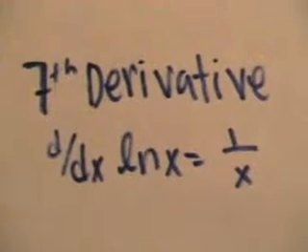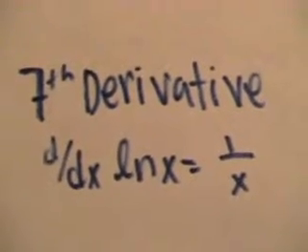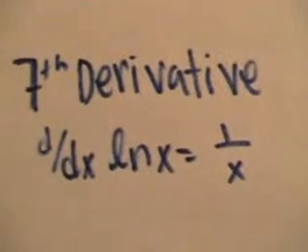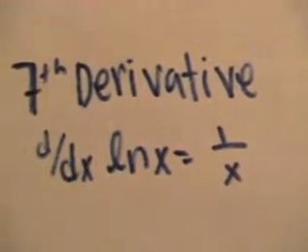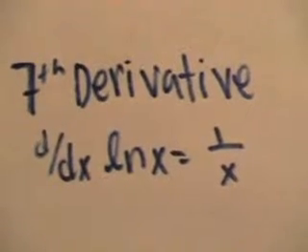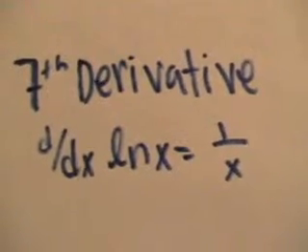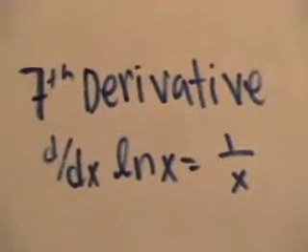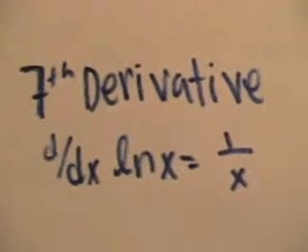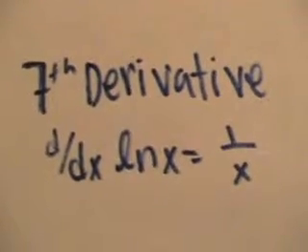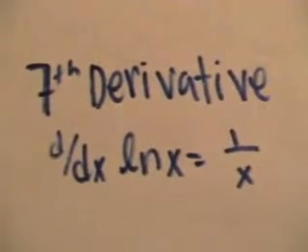The derivative of ln of x, which is a natural log, is equal to 1 over x. This derivative is pretty straightforward. The only way it will get difficult is in your calc class. But the teacher is there, so ask the teacher.